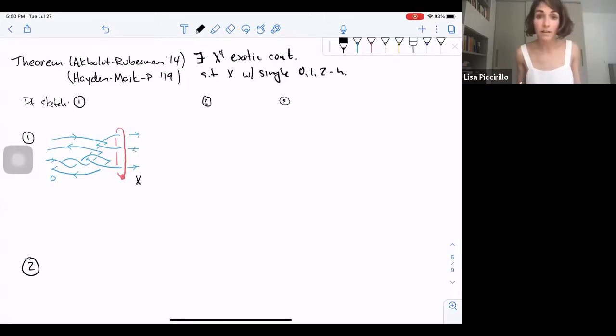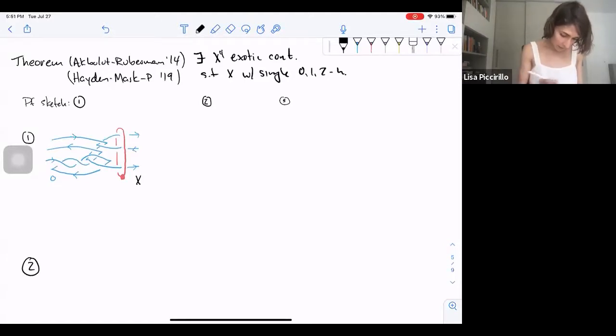So not only are there exotic contractible manifolds, but they can be written down with really simple handle diagrams. And in fact, we're going to show not only does X have such a simple handle diagram, but its exotic friend will also. So how's the proof of this going to go?